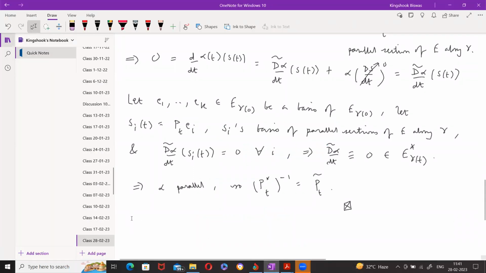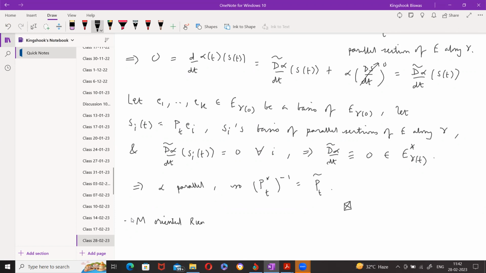So last time we started talking about volume on an oriented Riemannian manifold. So now M is an oriented Riemannian manifold.